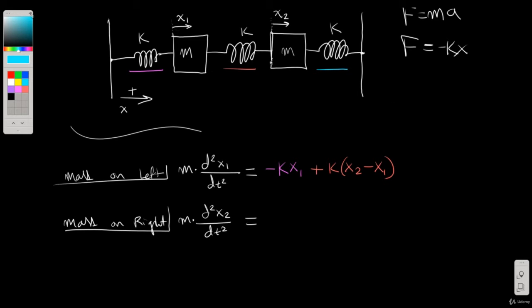So if I were to displace it toward the right, what contribution would this spring have to this mass? Well, of course, it's going to push it toward the left, right? So we're going to call this minus kx2.